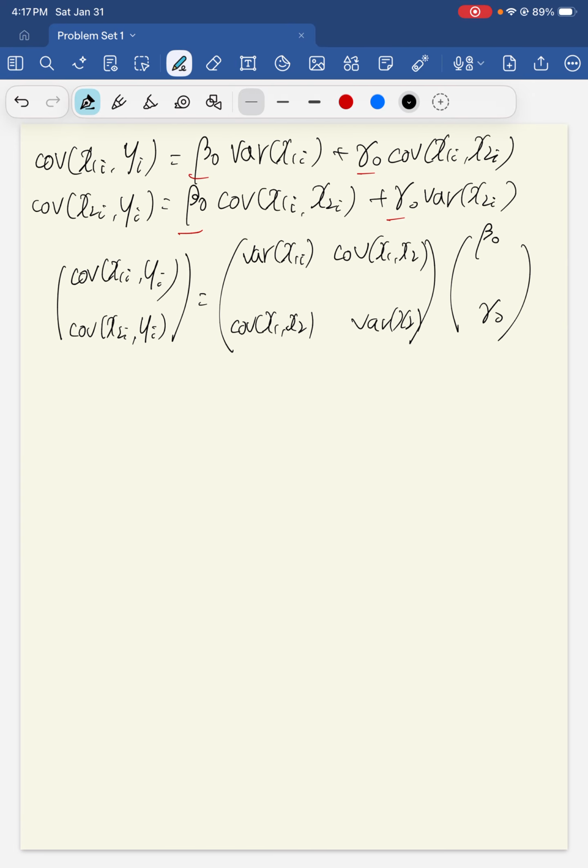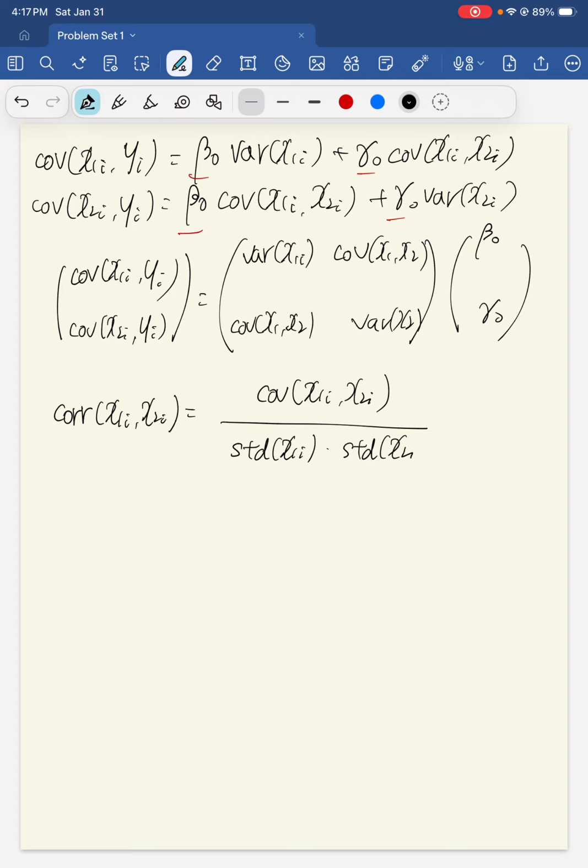Before doing that, remember the correlation coefficient between x1 and x2 is defined as covariance x1, x2 divided by standard deviation x1i times standard deviation x2i. And of course standard deviation is the square root of variance. This is a separate definition.